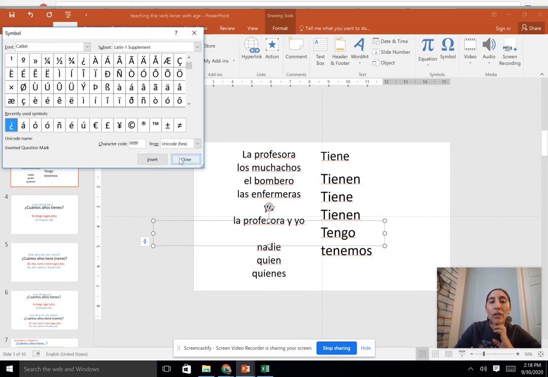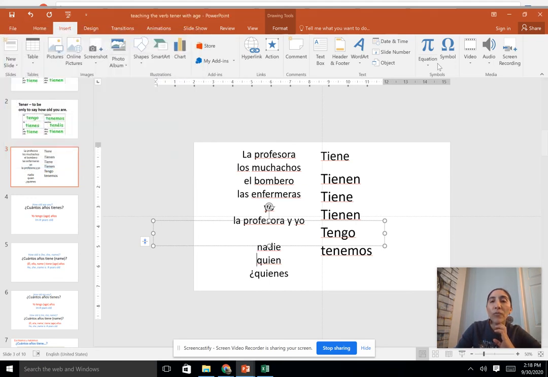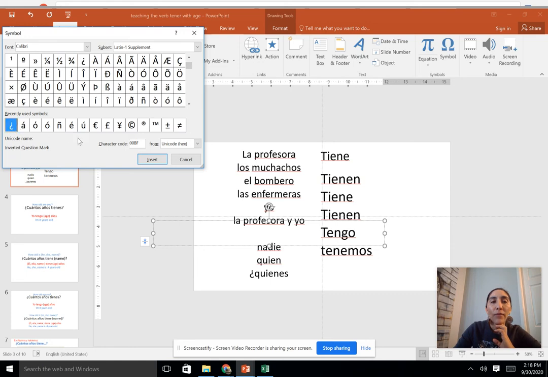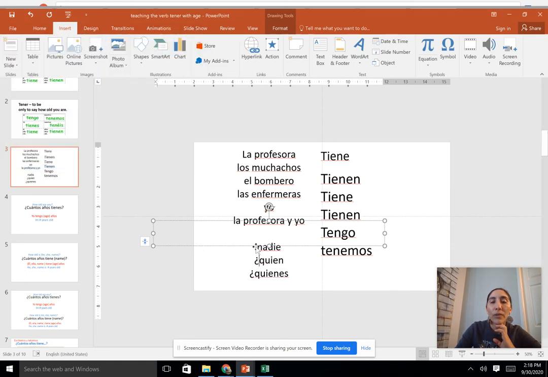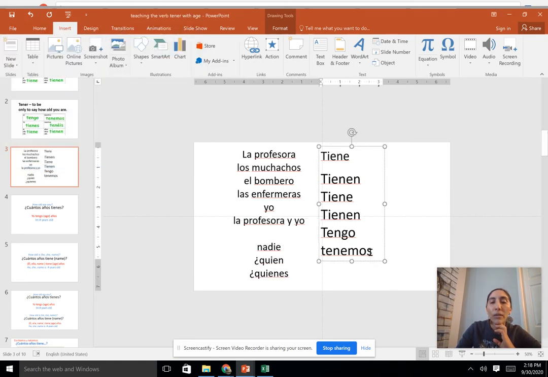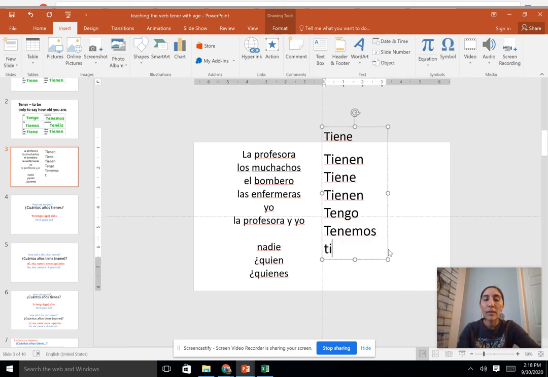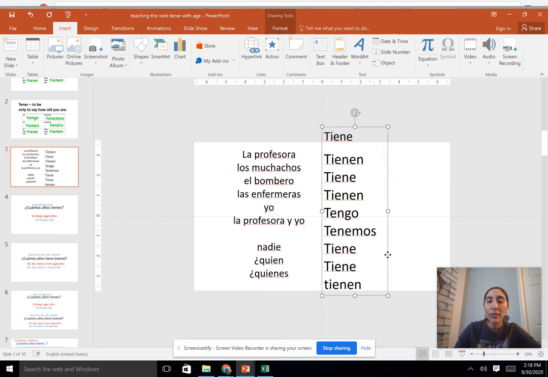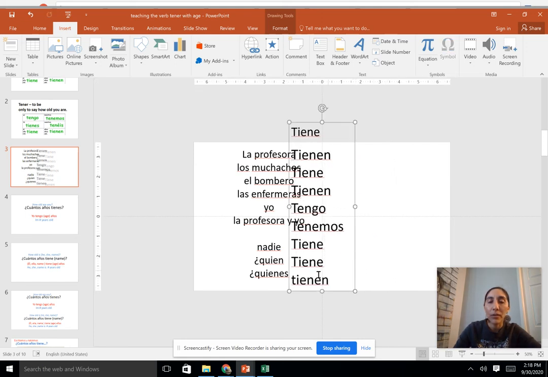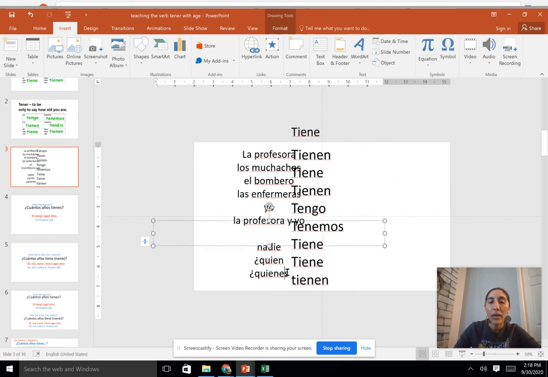What version of tener would you use with any of these terms? Well, simple. For nadie, you're always going to use él or ella, so you'll say tiene. For quién, you will use tiene. And for quiénes, which is plural, you will say tienen. So that's pretty much the notation I want you to have.